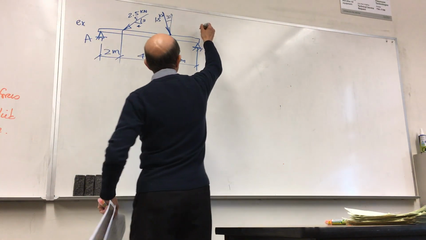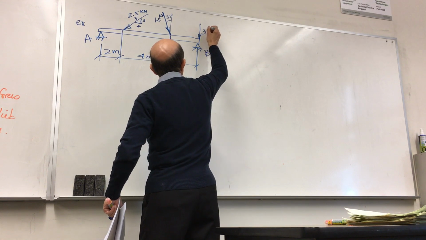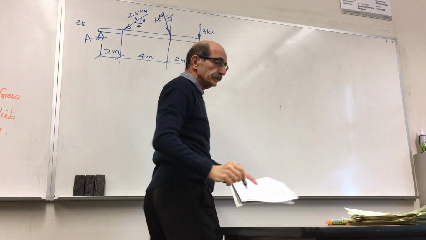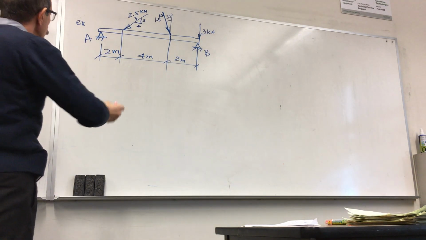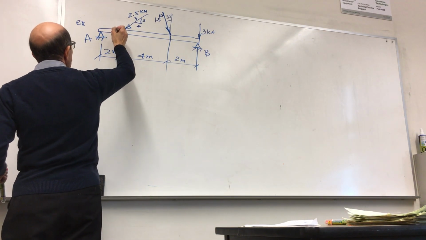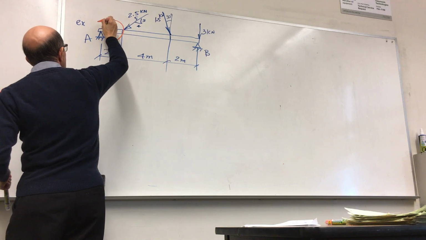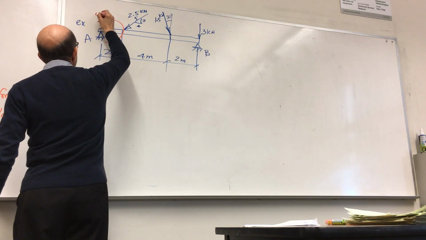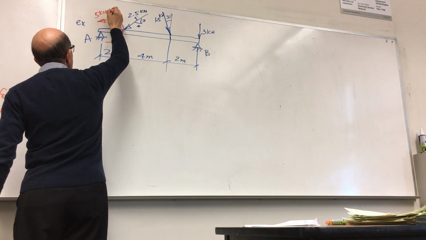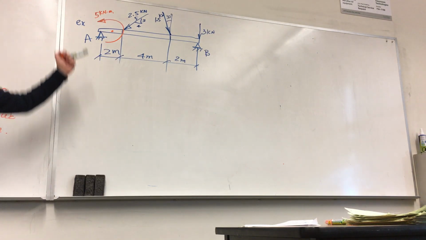And then another force of 3 kilonewton acting downward, and then somewhere along this structure, maybe at this point, you also have a couple, a free moment of, say, 5 kilonewton meter applied. So this is given.